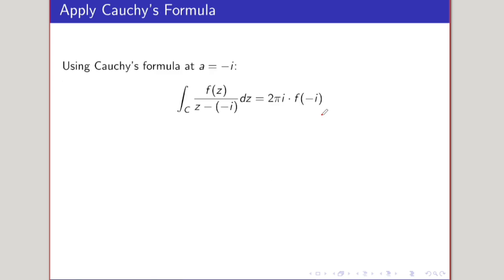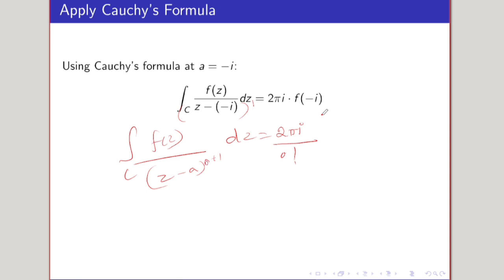Okay. On the next step, using the same formula, integral over c f of z by z minus a whole power n plus 1. Of course here it will be 1, so there will not be any derivative, equal to 2 pi i by 0 factorial. Here it is 0 because here it is 1. Then f of a, na? There is no derivative, we want to find only f of a.